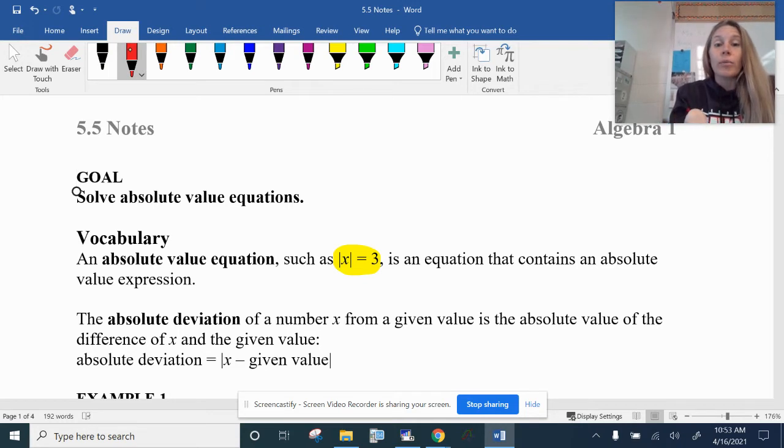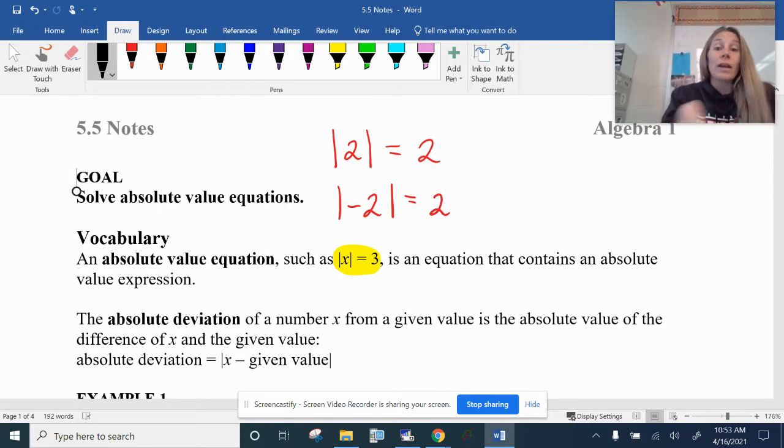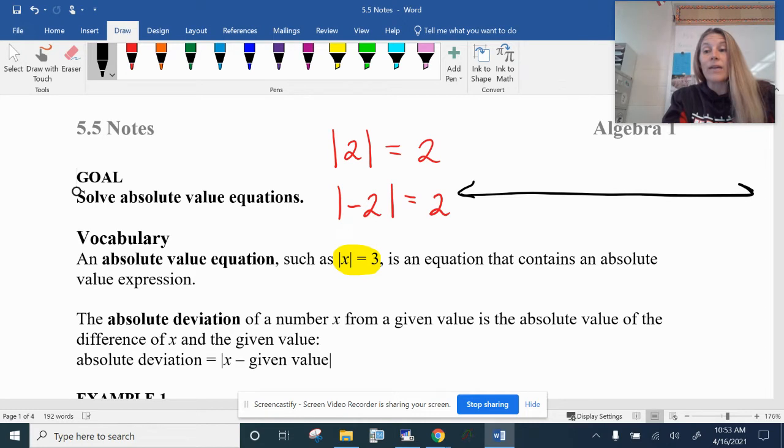So if I have a number inside my absolute value, let's say I have a 2. A lot of people know, okay, the absolute value of 2 equals 2. Well, what if I have a negative 2 inside the absolute value bars? Then people are like, oh, it still equals 2 because it has to be a positive. All right, that's true, but why does it have to be a positive?